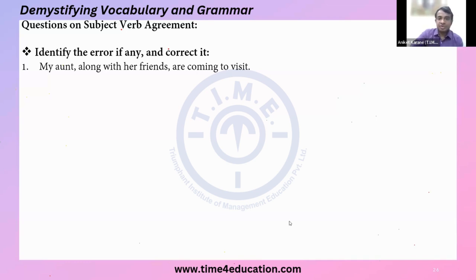So my aunt along with her friends are coming to visit. My aunt along with her friends are coming to visit was given. So are is what we are finding erroneous, and that's how the change should occur. The answer is: my aunt along with her friends is coming to visit. Very good.